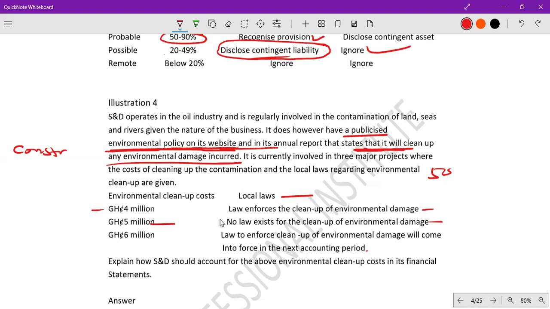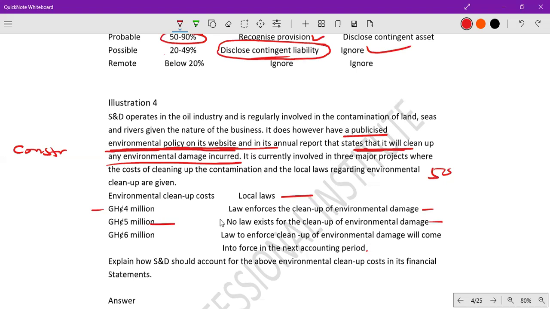Yes, because of the same constructive obligation that they have. The law is yet to come, but the constructive obligation is still on them. Even if the law doesn't come, the constructive obligation is holding their neck. They can't do anything. Please, are we all okay?